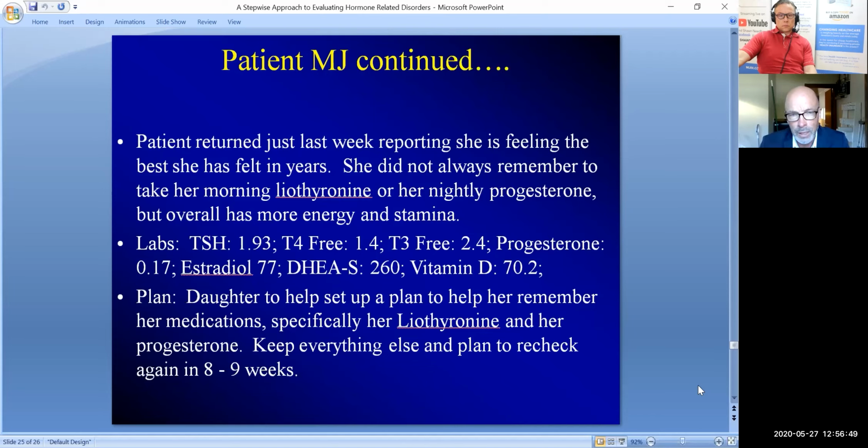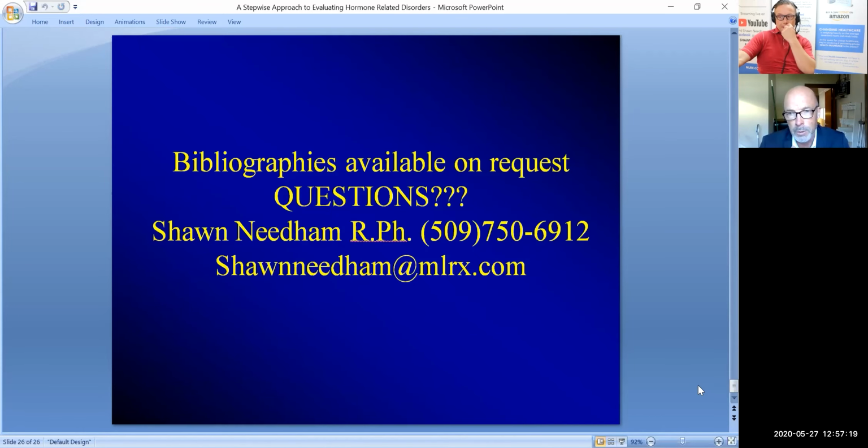Progesterone, again, she admitted she wasn't always good at remembering that, but she was definitely good at taking the BIEST, because her estradiol was right where I wanted to see it, and her adrenals had improved, and her vitamin D levels had improved. So the plan was really to have her daughter set up a plan to help her remember medications, specifically liothyronine and her progesterone, and then we'll plan to recheck her again in 8 to 9 weeks. But on a personal note, oh my goodness, she was doing tremendously better, even with making some of those minor changes. That's just an awesome story.